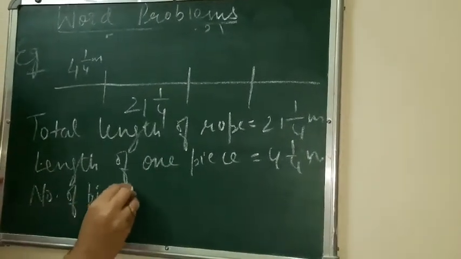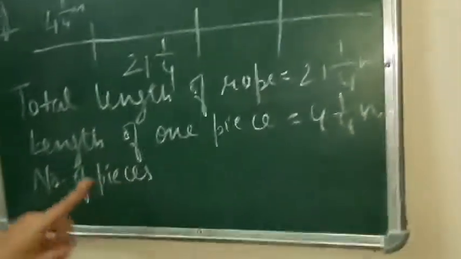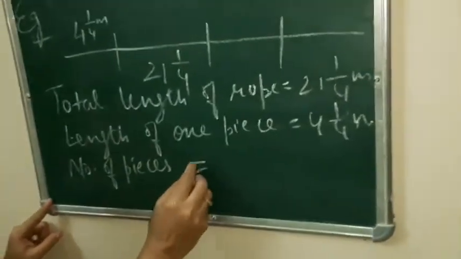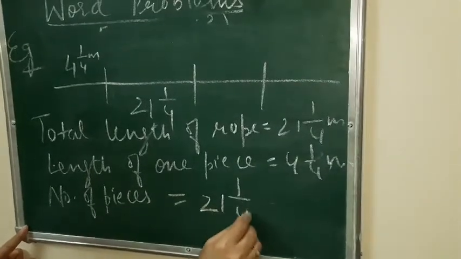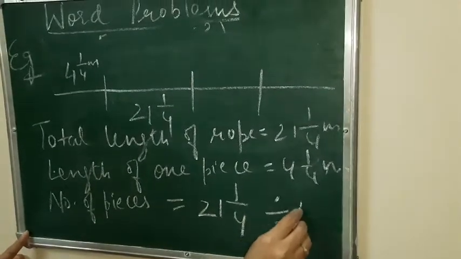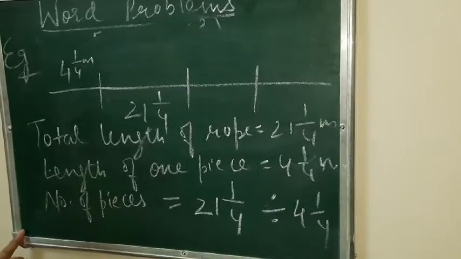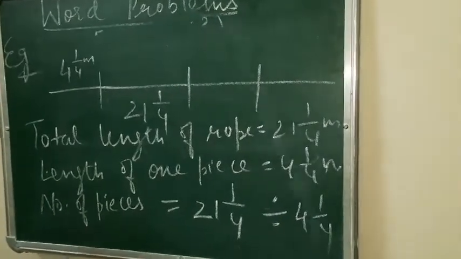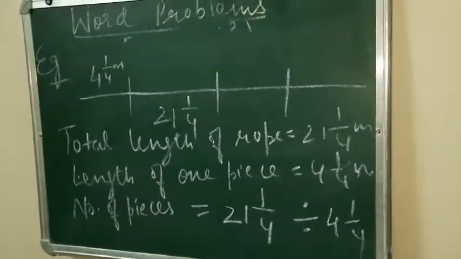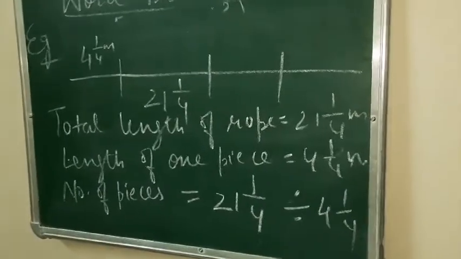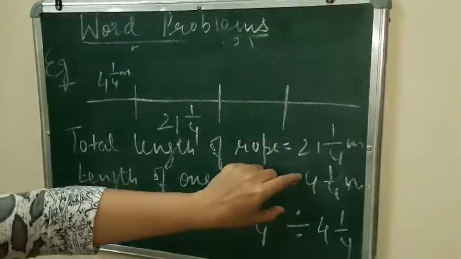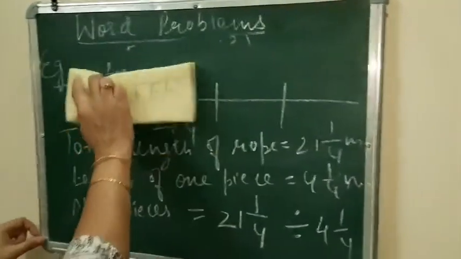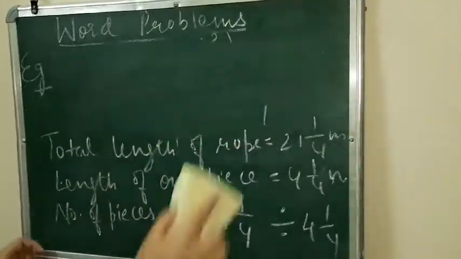Whenever you have to find number of something, we divide. So just divide 21 1/4 by 4 1/4. Just keep it in mind, whenever you have to find the number of something, you need to divide. So total length of the rope divided by the length of one piece, we'll get the number of pieces.